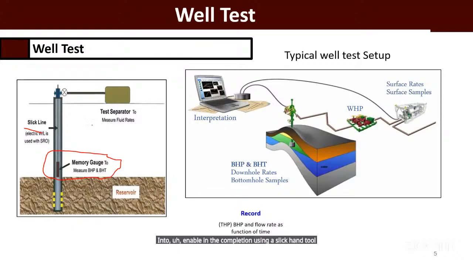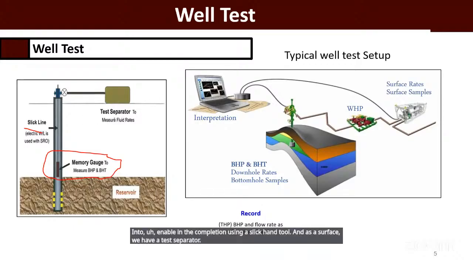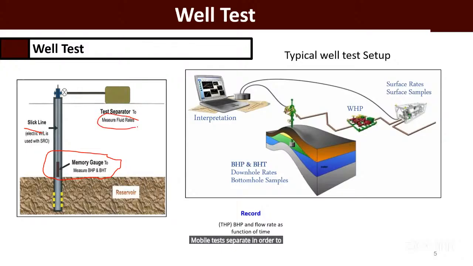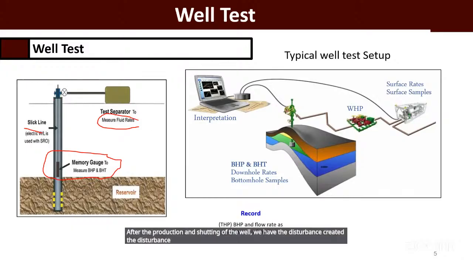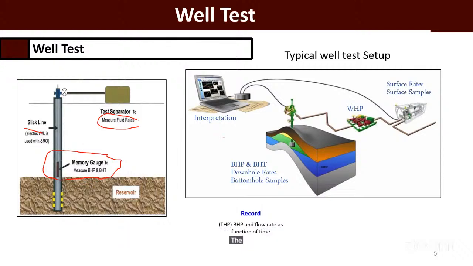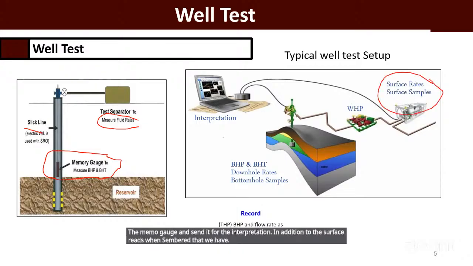And at the surface, we have a test separator, a mobile test separator, in order to measure the fluid rates in terms of oil, water, and gas. After the production and shutting in of the well, we have created the disturbance. We have the data from the memory gauge and send it for the interpretation, in addition to the surface rates and samples that we have.